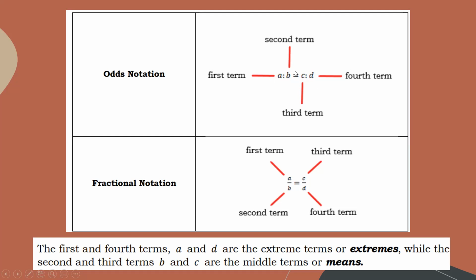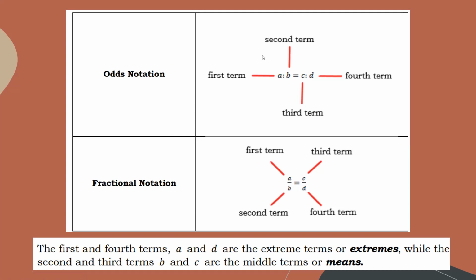So A is to B equals C is to D. Pero pag fractional notation naman, ang arrangement niya is parang fraction. It's A over B equals C over D, where A is still the first term, B is our second term, C is our third term, and D is our fourth term.